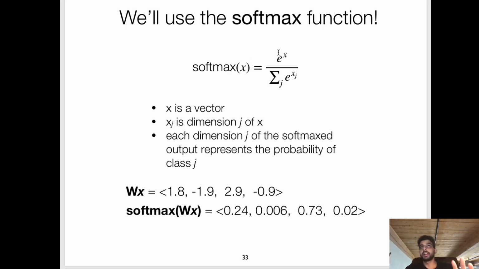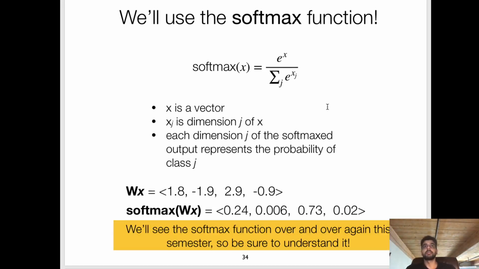So this is a very important function that you should make sure to understand thoroughly, because we'll see it over and over again through the rest of the semester. It occurs in things like attention mechanisms and other things as well that we'll be covering. So if you look at this function, it takes as input a vector x, and all it does is exponentiate in the numerator.